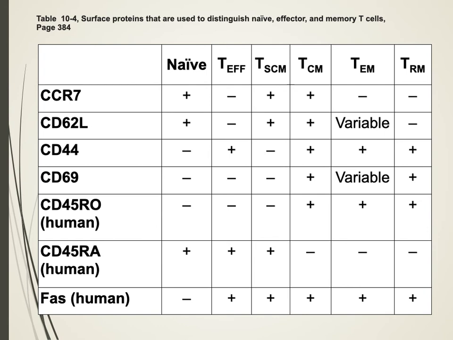Then looking at our different memory populations, we have central memory, effector memory, and resident memory. Resident memory is going to stay in that tissue. You can see how those surface markers are changed, and so you could use that as a way to characterize what population you're looking at.